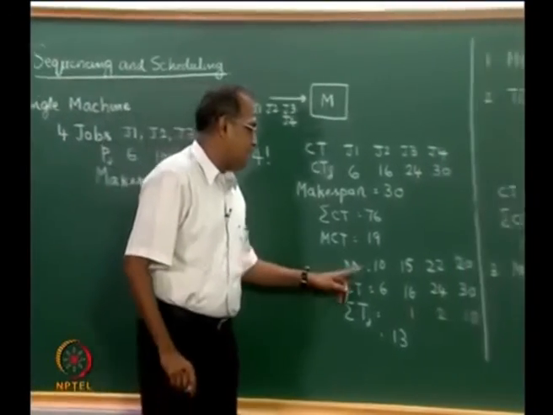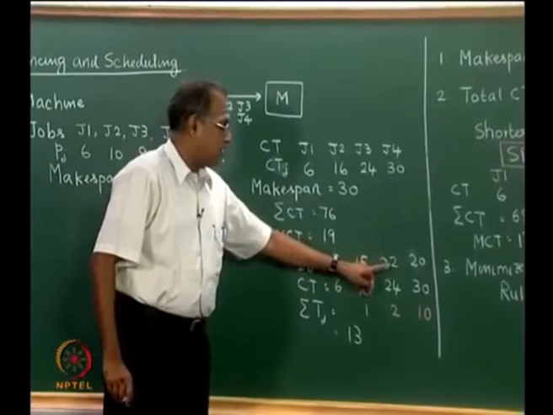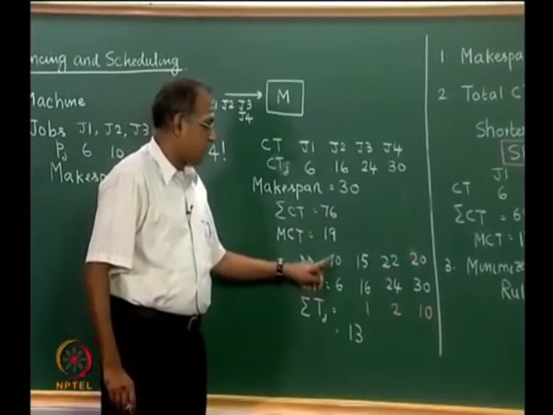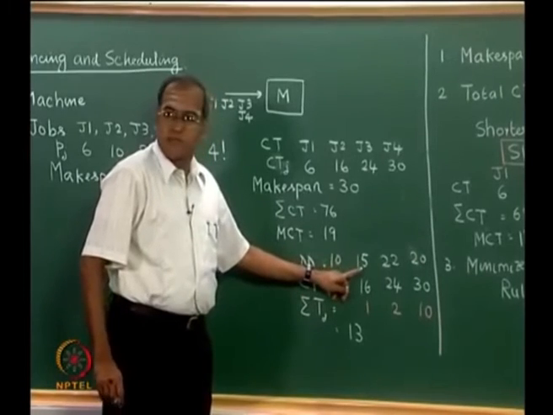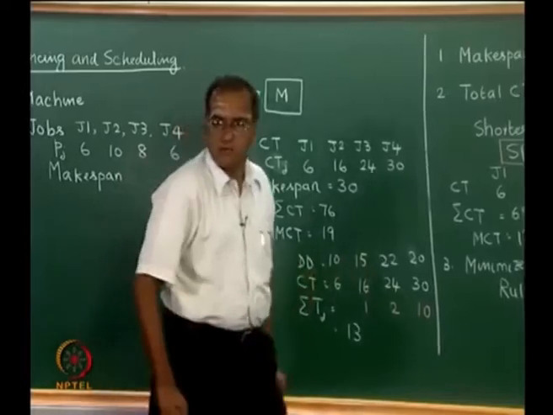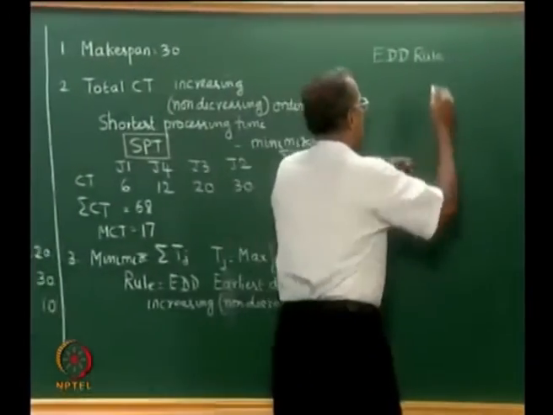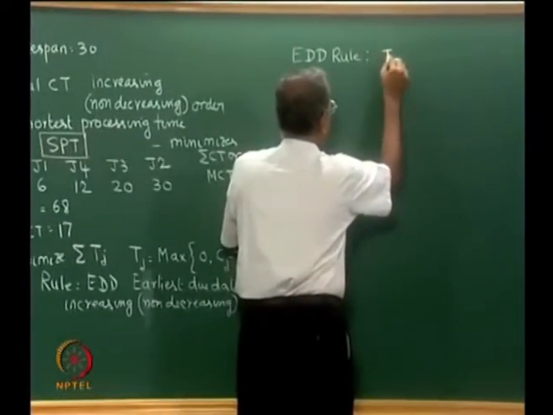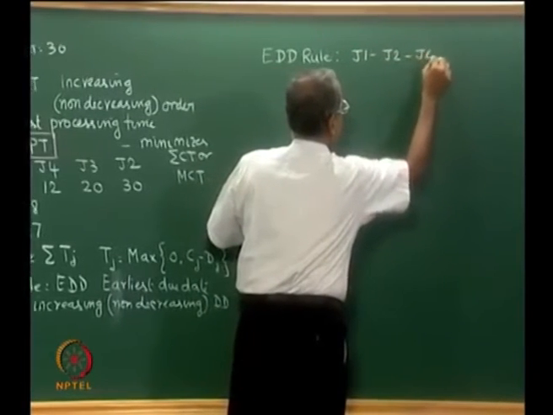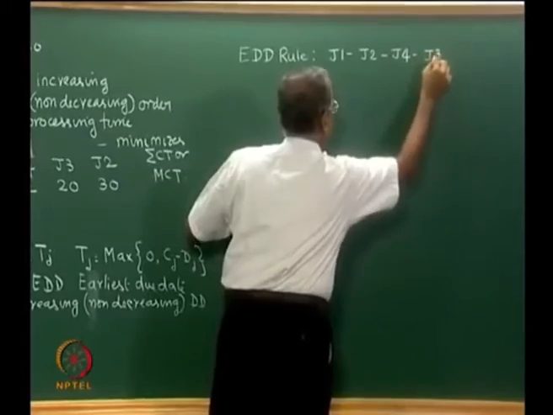The due dates given are 10, 15, 22 and 20. So, job 1 comes first, job 2 comes second, job 4 comes third and job 3 comes fourth. So, based on the earliest due date rule, the order will be J1 first, J2 second, J4 third and J3 fourth.